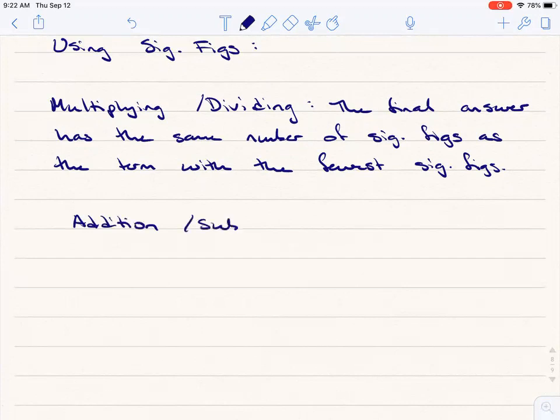Addition and subtraction. The final answer has the same number of decimal places as the term with the fewest decimal places. Oh, so it's not about sig figs, it's decimal places, for adding and subtracting. Yeah. I got a question on this. There we go. Cost me like 7%. Oh, ouch.